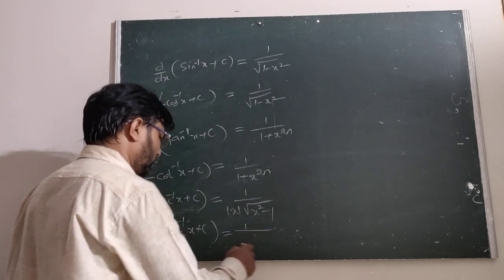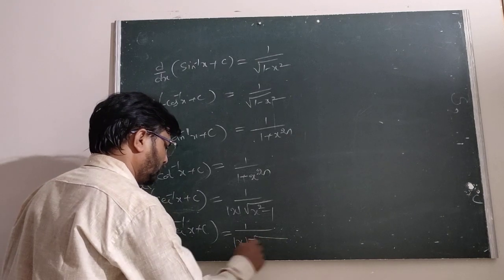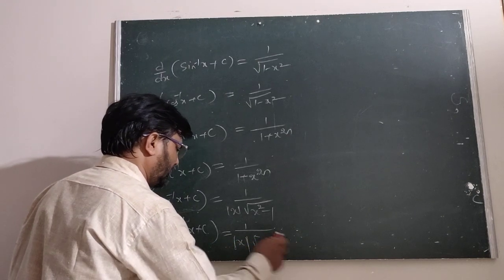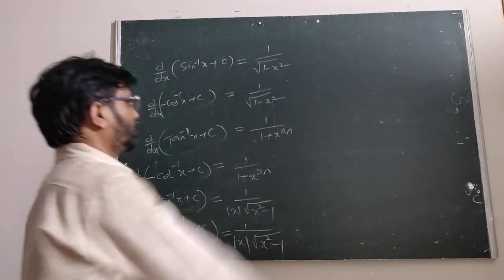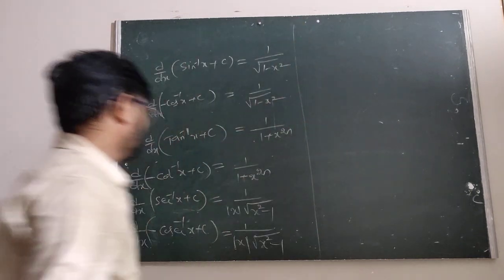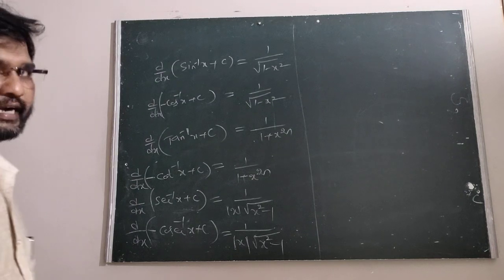Now we can write 1 by mod x into under root x square minus 1. Now these are the formulas. You can clear. Now we can write the integrals.